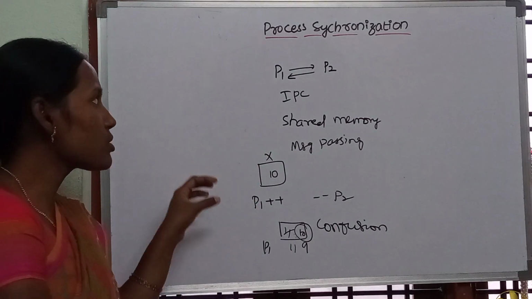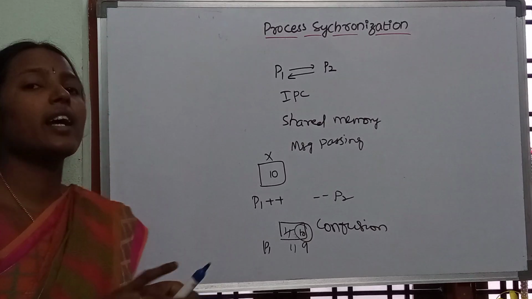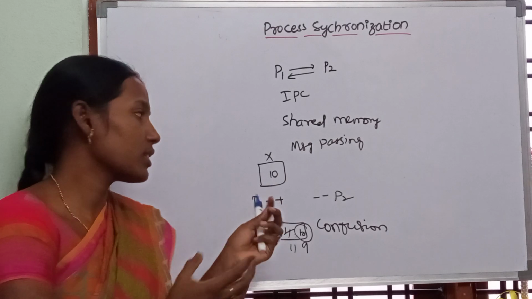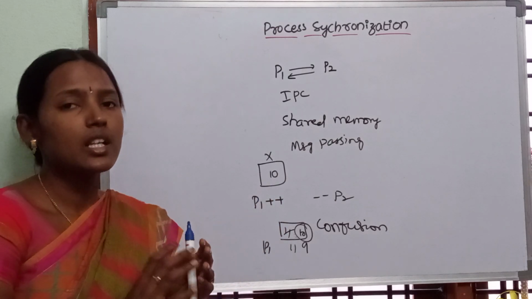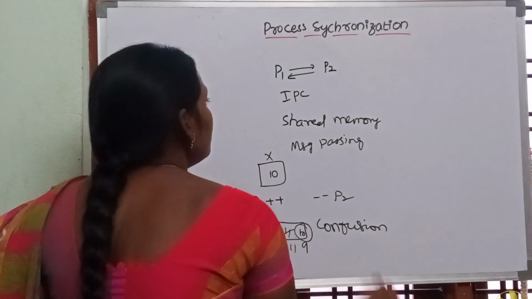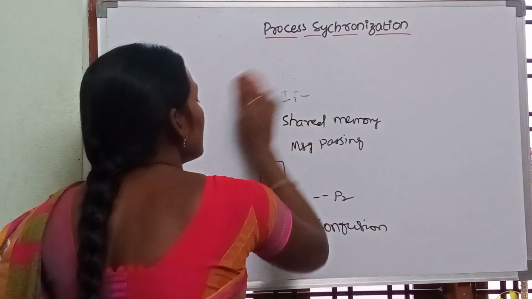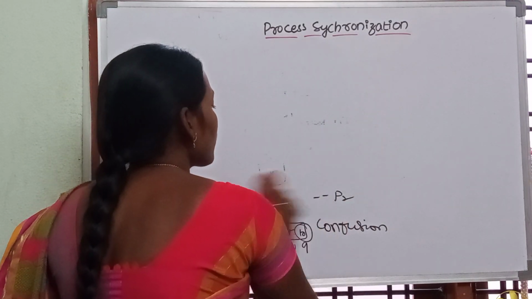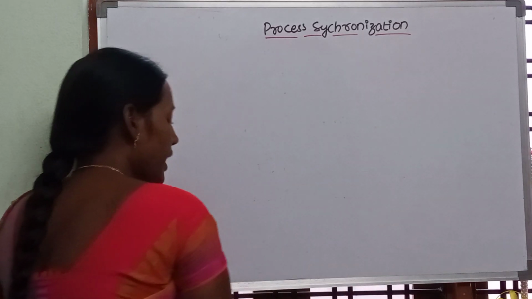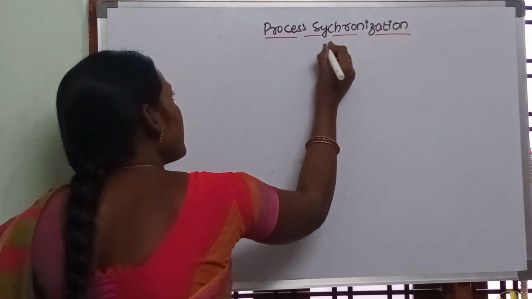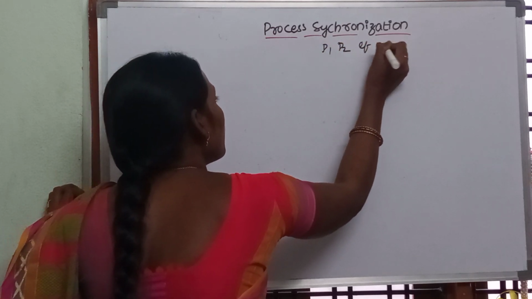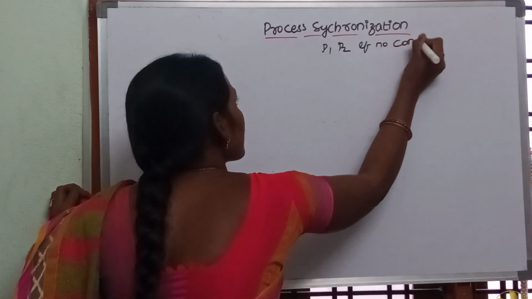In order to solve this problem, we have the critical section problem. That means in order to solve this conflict, we have the critical section concept. Now we will see what a critical section is. If the processes do not conflict, we say that the processes are synchronized. That means processes P1 and P2 are synchronized if no conflict occurs.